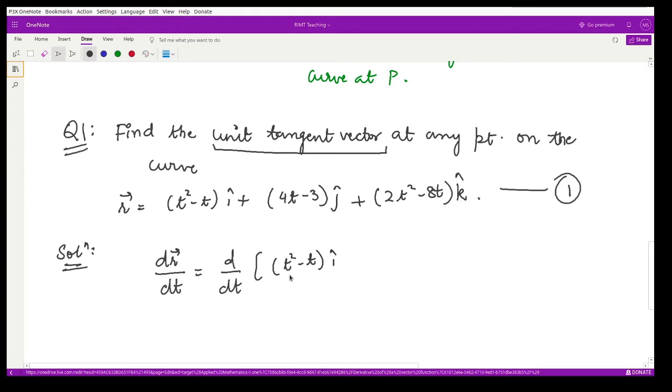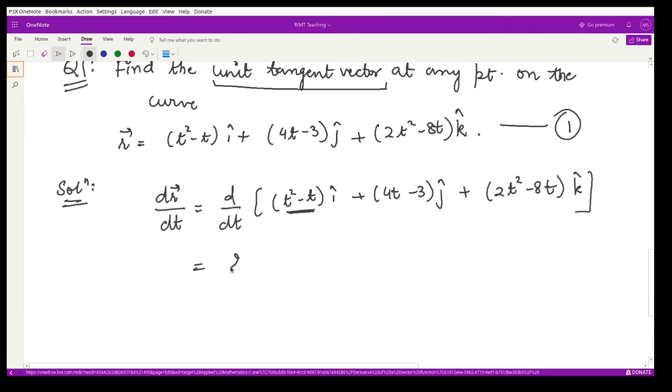It's simply you will perform the derivatives of the components of the unit vectors i, j and k. So that would simply be equal to 2t minus 1 i cap. The derivative of t square is 2t, of minus t is minus 1 i cap as such, and then 4t, its derivative is 4, derivative of minus 3 is 0, so we have this, and then derivative of 2t square is 4t minus 8 into k cap.